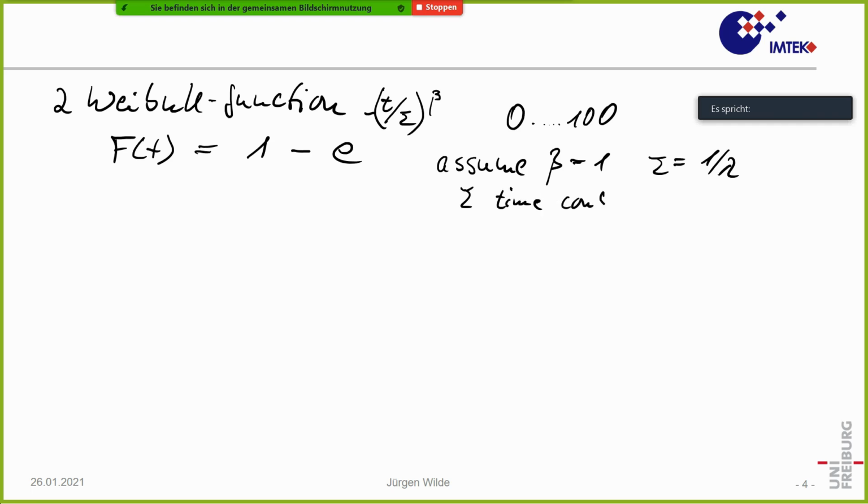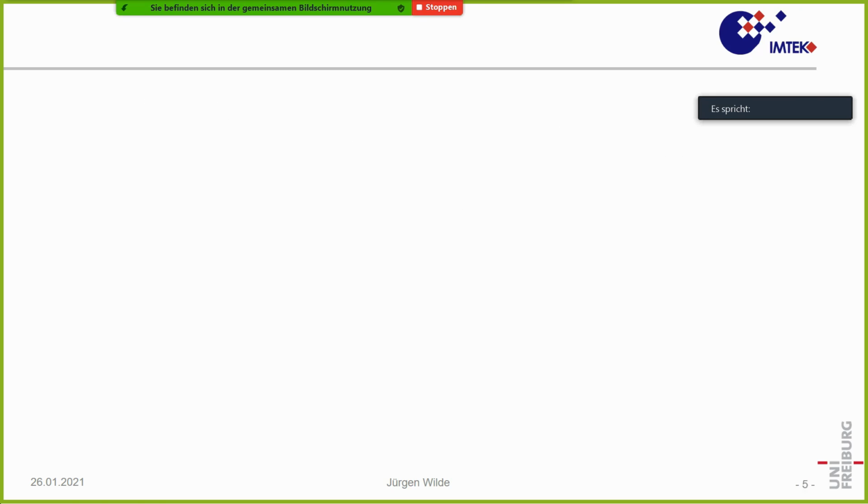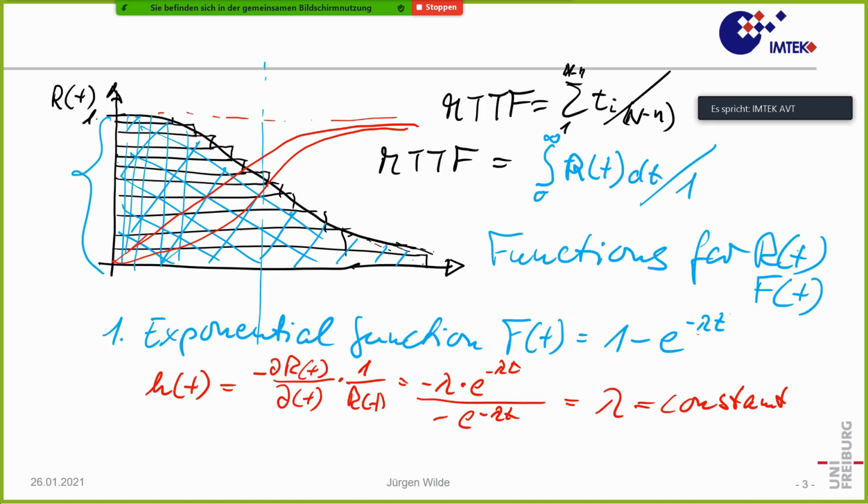So you could say the time constant is the inverse of the failure rate. And in that case, the time constant is the same like the mean time to failure.